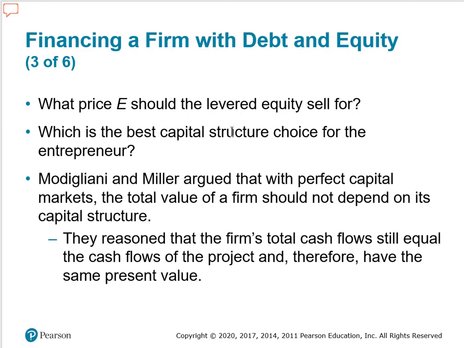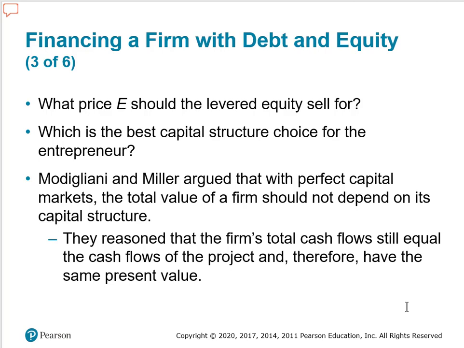So again, what should it sell for? Again, we have the $500. What's the best capital structure for the entrepreneur? Well, it depends on the entrepreneur and what they want. But in this case, it really doesn't matter what capital structure they pick.